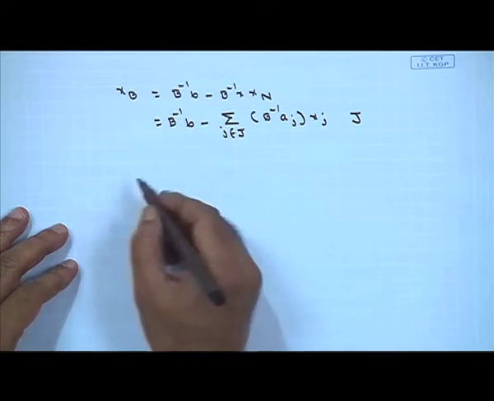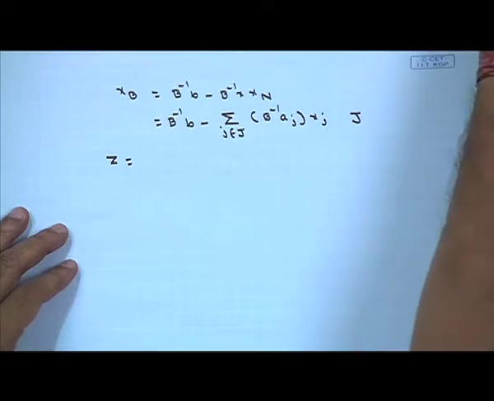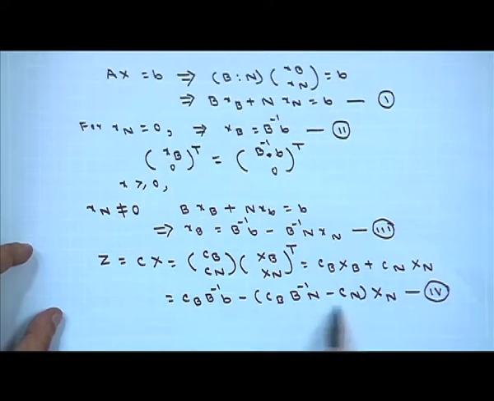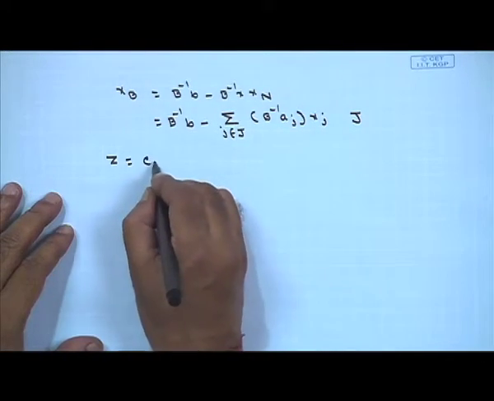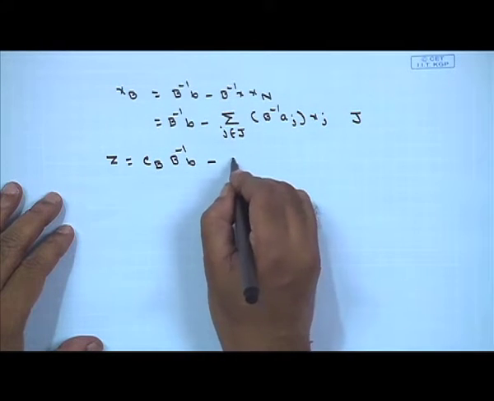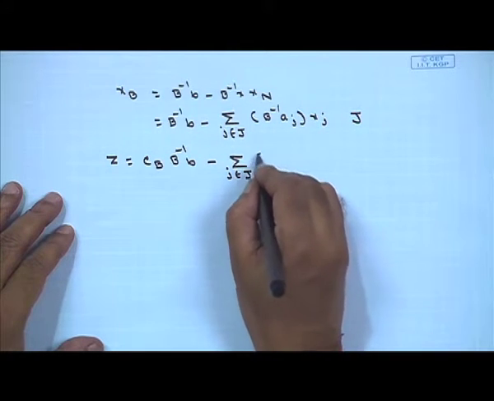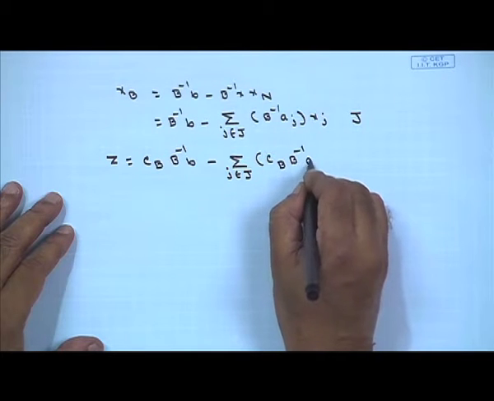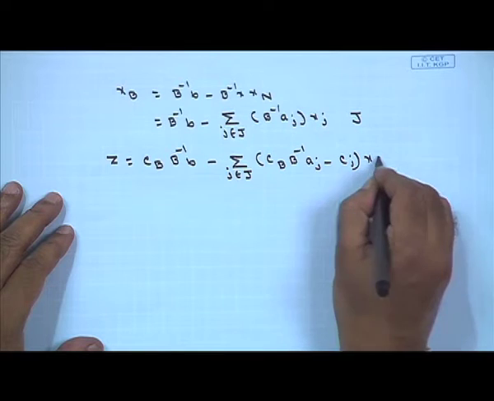So, using this your Z can be written. If I substitute in equation 4, I will obtain Z equals C b B inverse B minus summation j belongs to capital J, (C b B inverse A j minus C j) into x j.